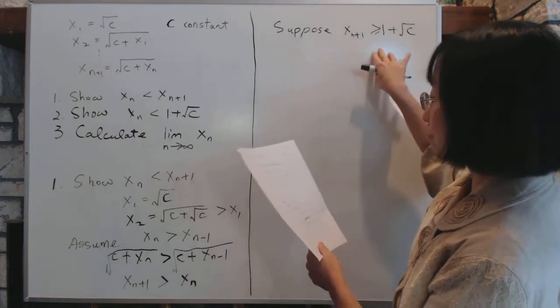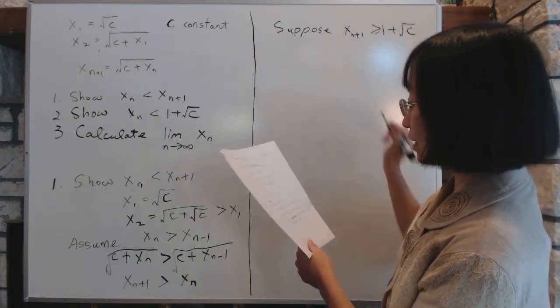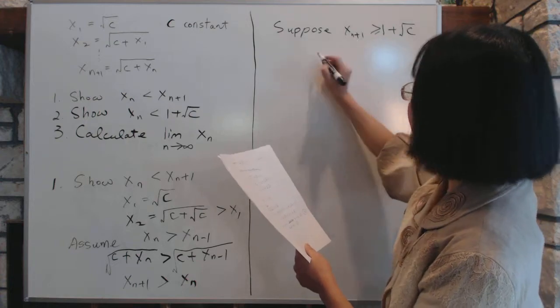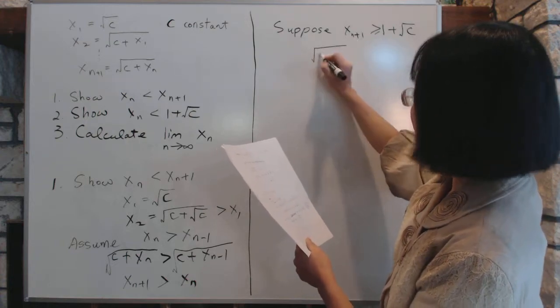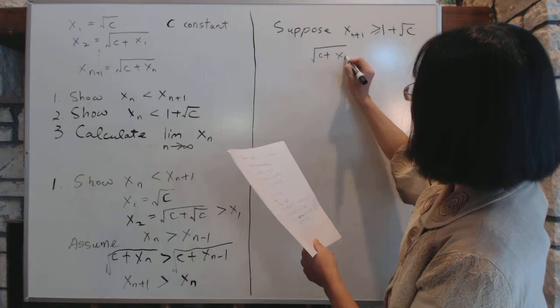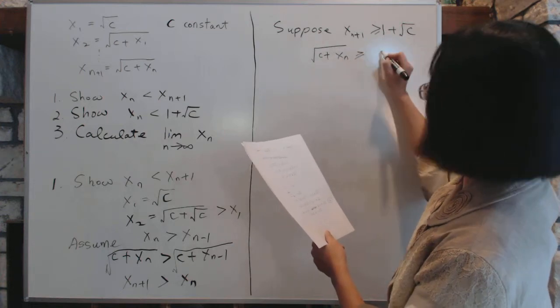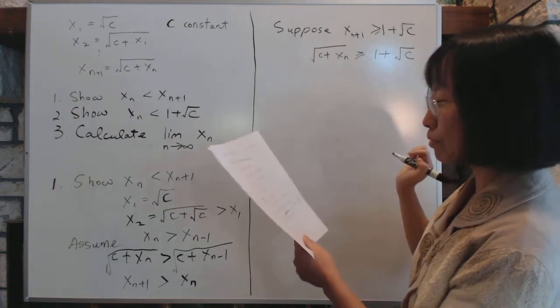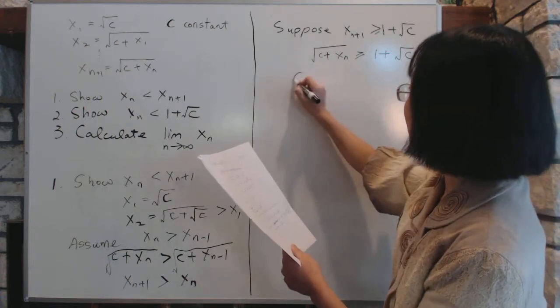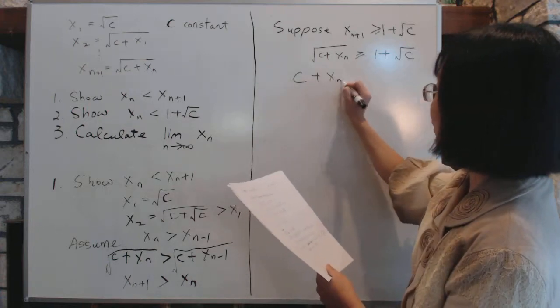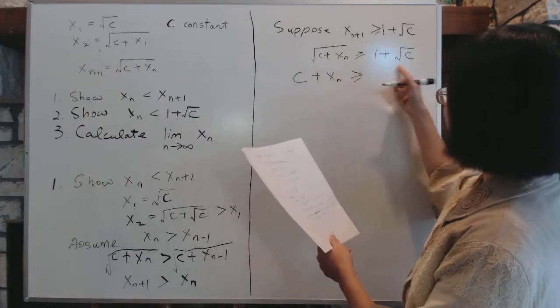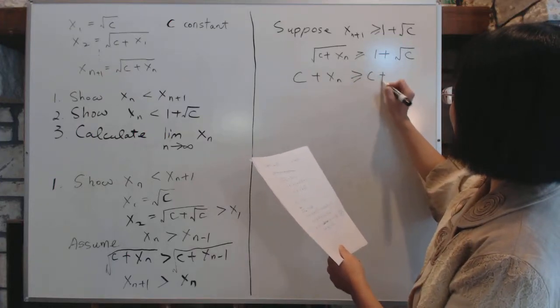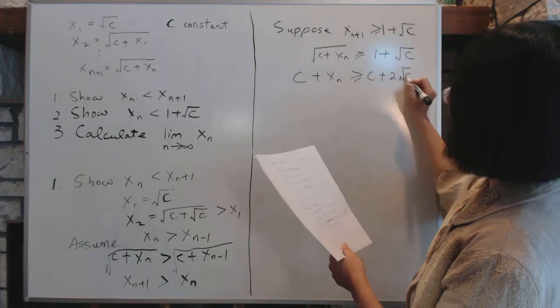Now, if you suppose that, then xn plus 1, which by definition is the square root of c plus xn, is bigger than 1 plus square root of c. You square both sides, which gives you c plus xn is bigger than c plus 2 square root of c plus 1.